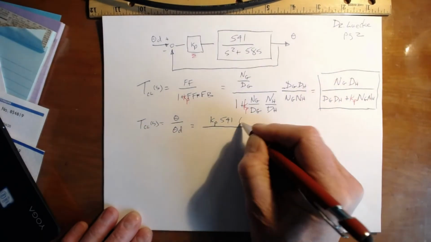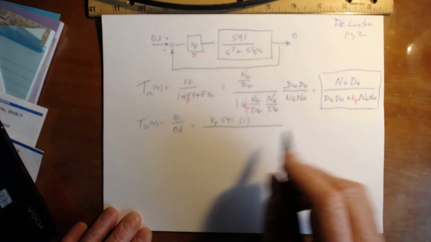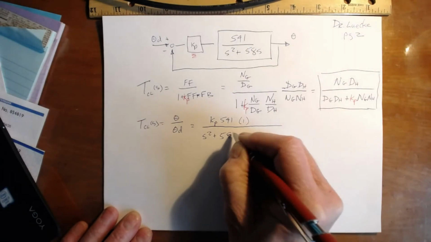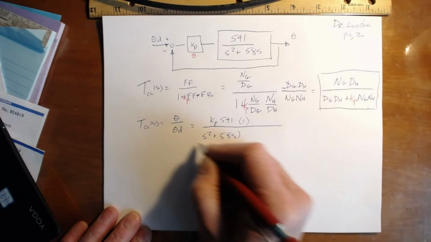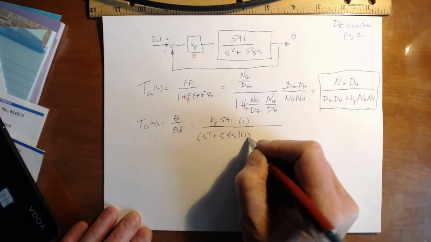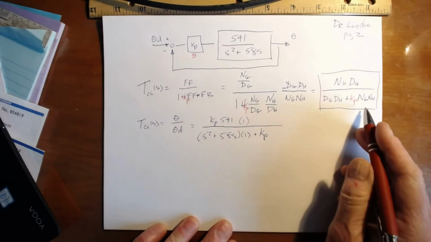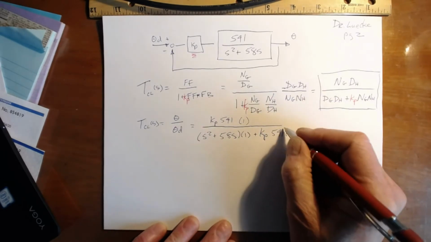Do you want me to put a 1 here so we make sure that we've gotten all the parts? So now I'm going to look at the denominator of G, which is S squared plus 58S, times the denominator of H, 1, plus Kp times the numerator of G, 541, times the numerator of H, which is just 1.